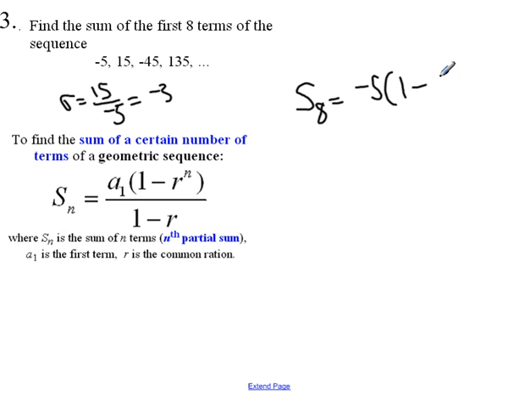So it's going to be 1 minus negative 3 raised to the 8th power, because I'm looking for the sum of the first 8 terms, over 1 minus negative 3.